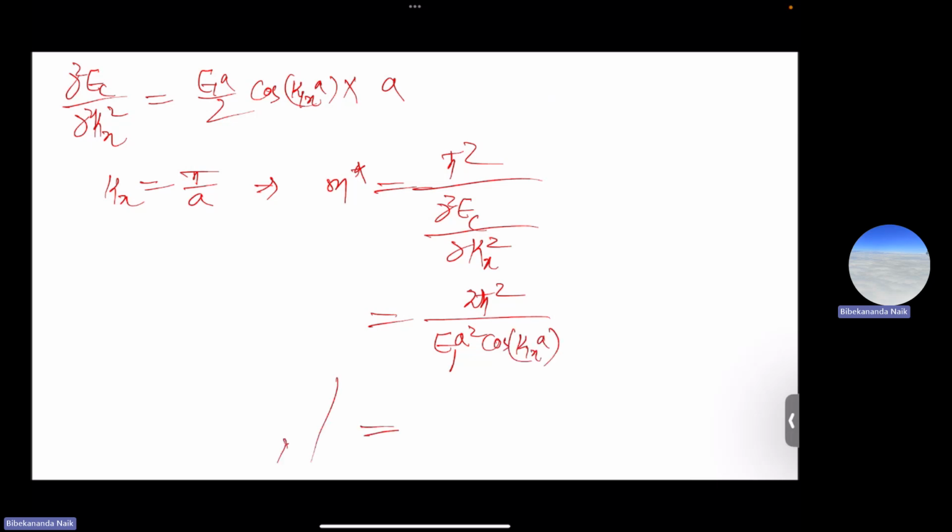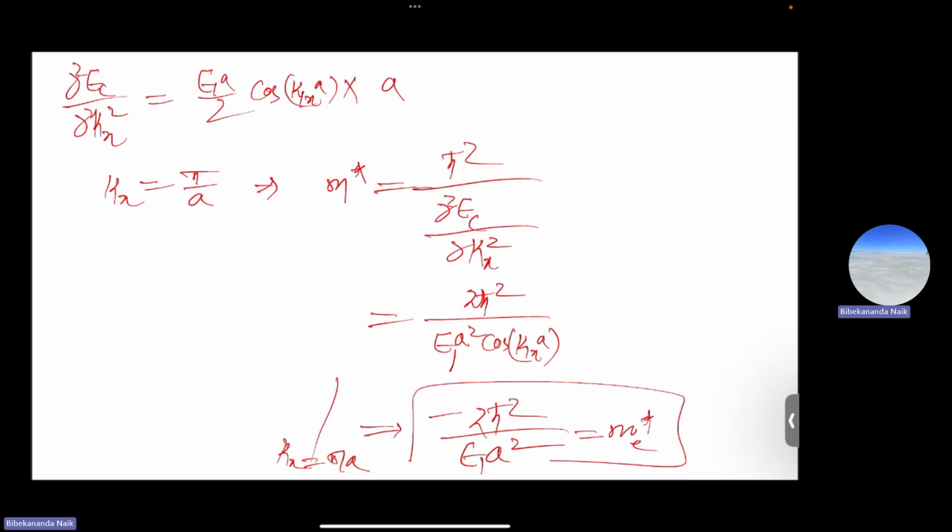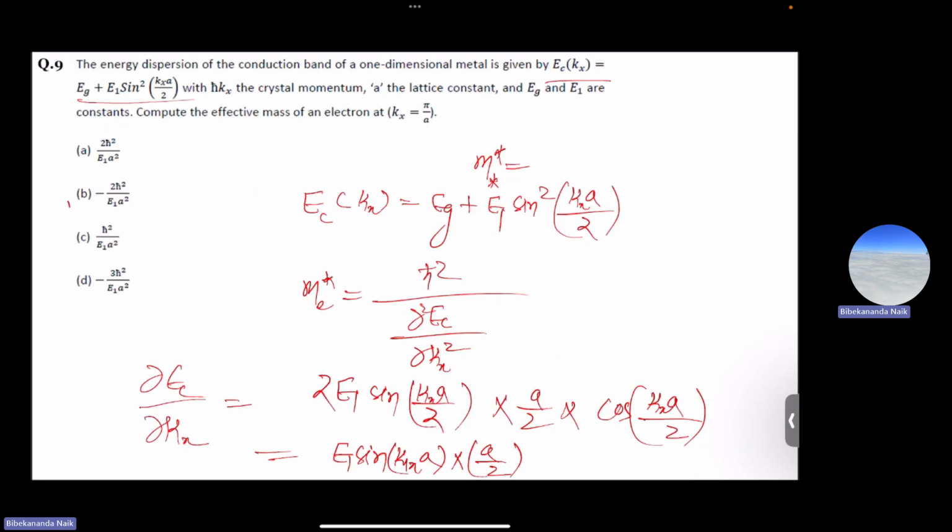So putting kx as pi by a, cos pi, we know cos pi is minus 1. So it will be minus 2h cross square divided by E1 a square. This m star is the effective mass of electron. So the correct answer is option B, that is minus 2 h cross square by E1 a square.